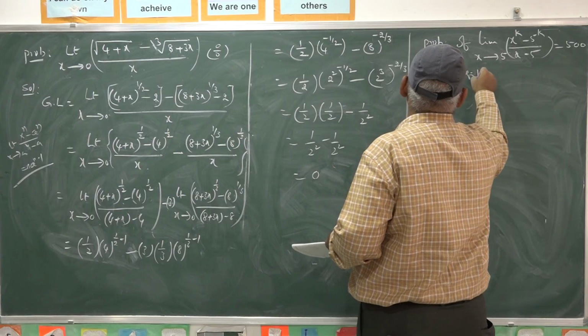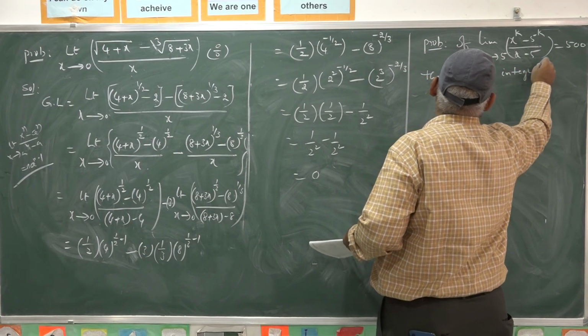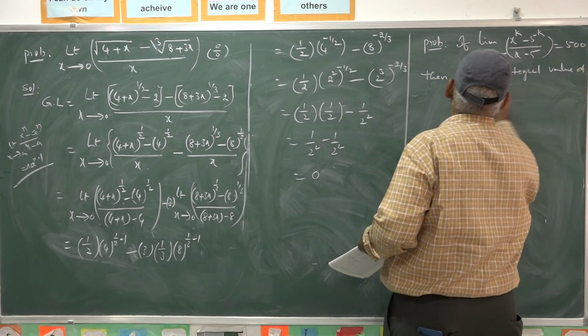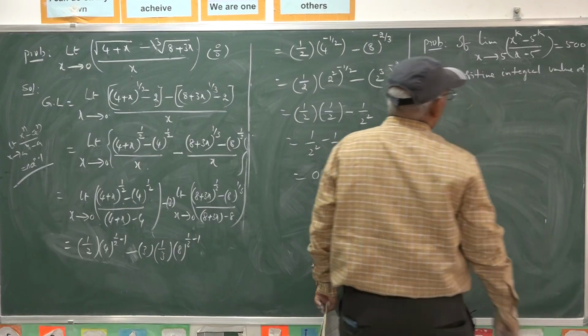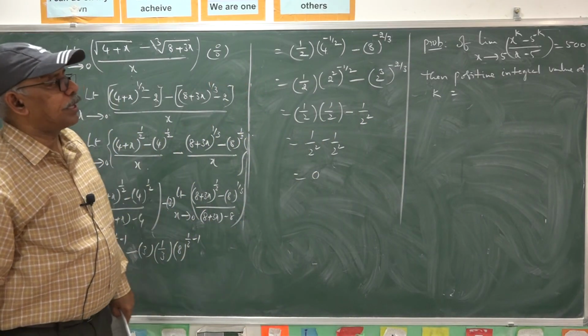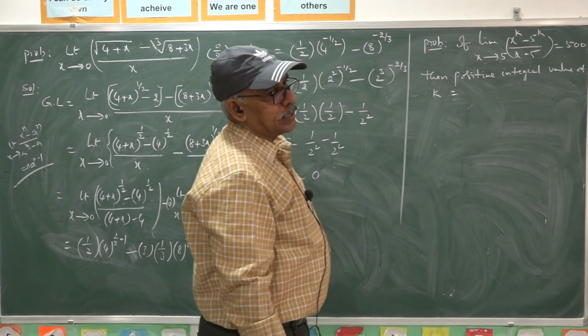Positive integer or integral, one and the same. If the limit as x goes to 5 of (x^k minus 5^k) by (x minus 5) equals 500, then the positive integral value of k is?